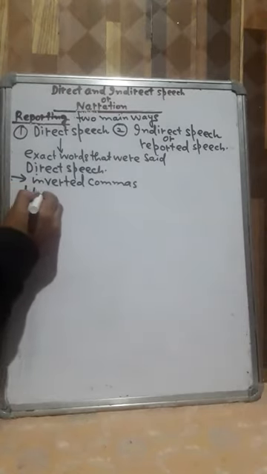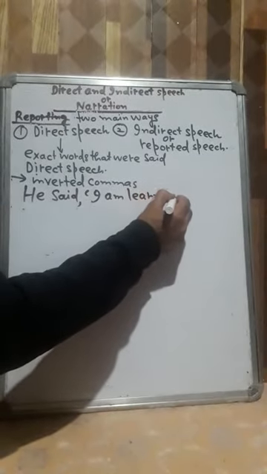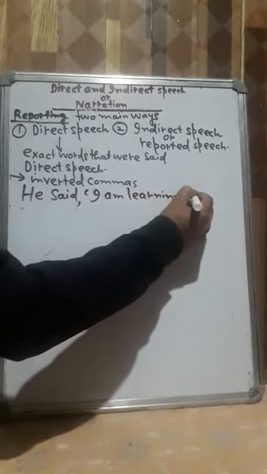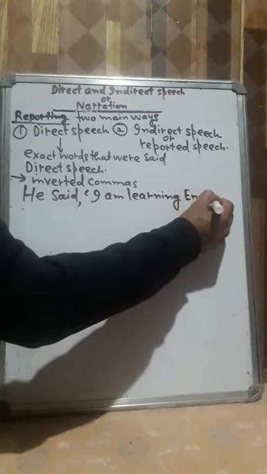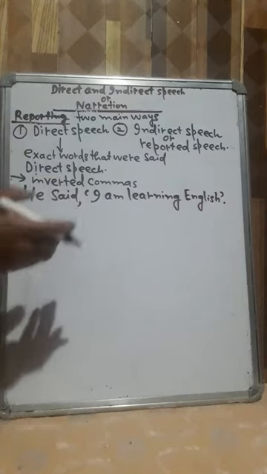For example, he said, "I am learning English." Now here we have used inverted commas to mark off the exact words of the speaker, and this is direct speech. Let us know the structure of direct speech.